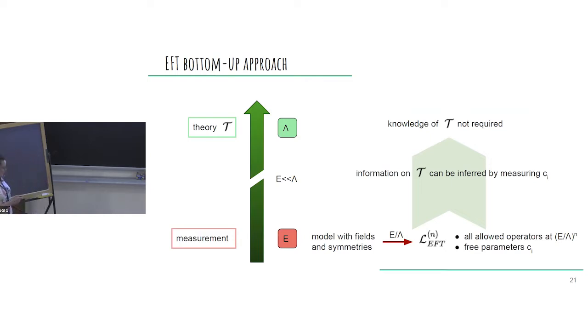We have the measurement that is valid at an energy regime E, and we know that the standard model with its fields and symmetries is valid at these energies. And then we expand in terms of this higher energy scale, and we describe the new physics effect in terms of these Wilson coefficients.